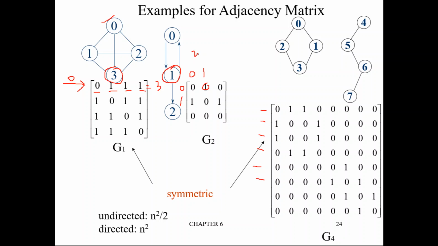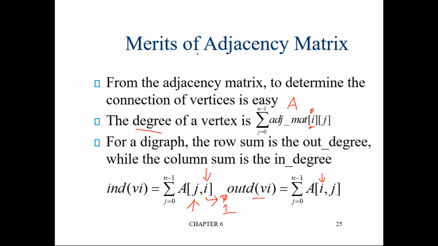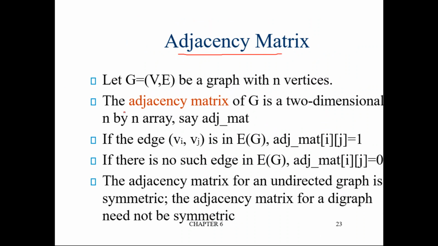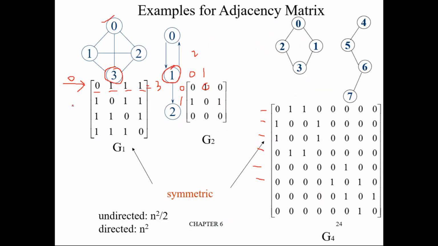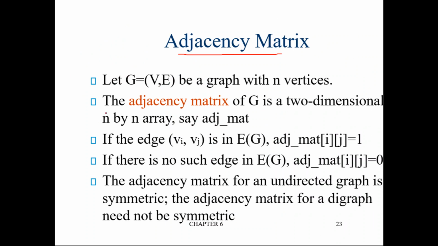So that's what this says, whatever we have discussed here about how this matrix is getting filled is being explained here. For a graph G equal to (V, E), the adjacency matrix is represented as a two-dimensional matrix or array. If a direct edge exists between two vertices Vi and Vj, then in the respective entry i comma j of the adjacency matrix there will be a 1. Otherwise, the respective entry will be 0.